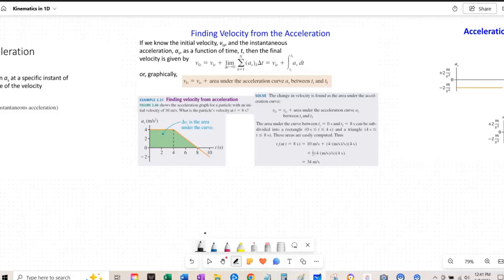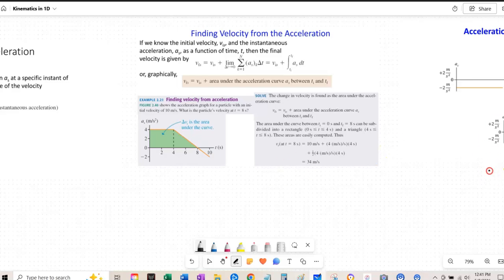It'll tell you your change in velocity, but it won't tell you your exact velocity. In order to figure out your exact velocity at some point in time, you would need an initial velocity, and then using this area, you can figure out the change in velocity, and then find out what your final velocity would be.